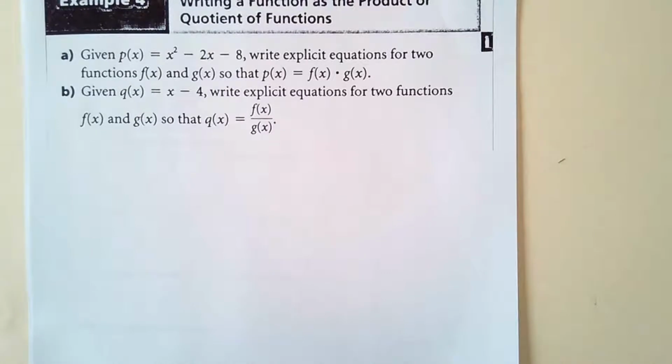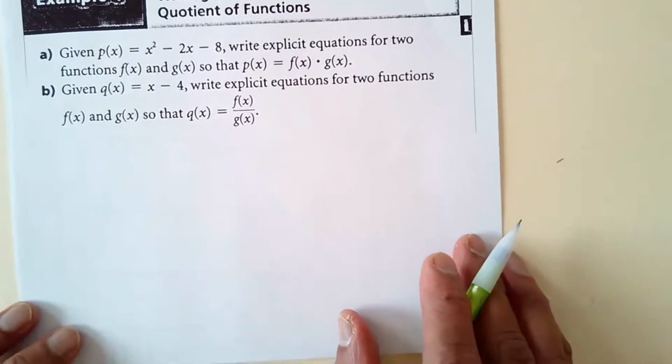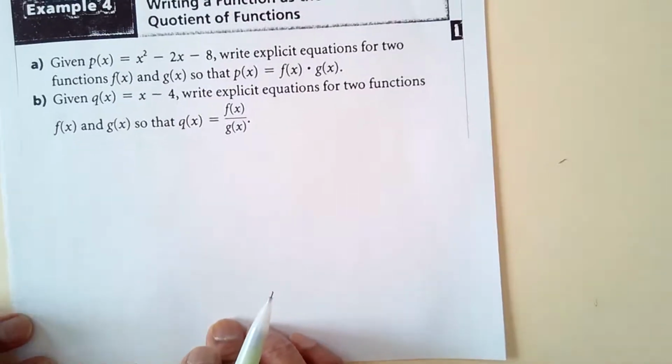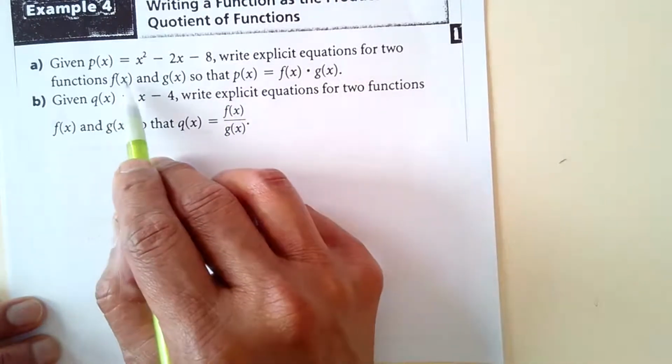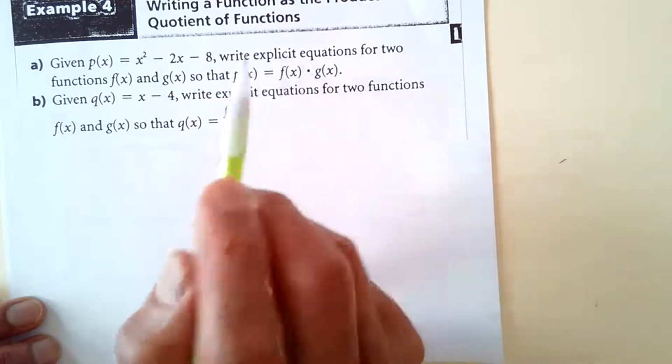Okay, let's look at the final example. Example 4. In part A, you're asked to write explicit equations for two functions f of x and g of x so that p of x is f of x times g of x.